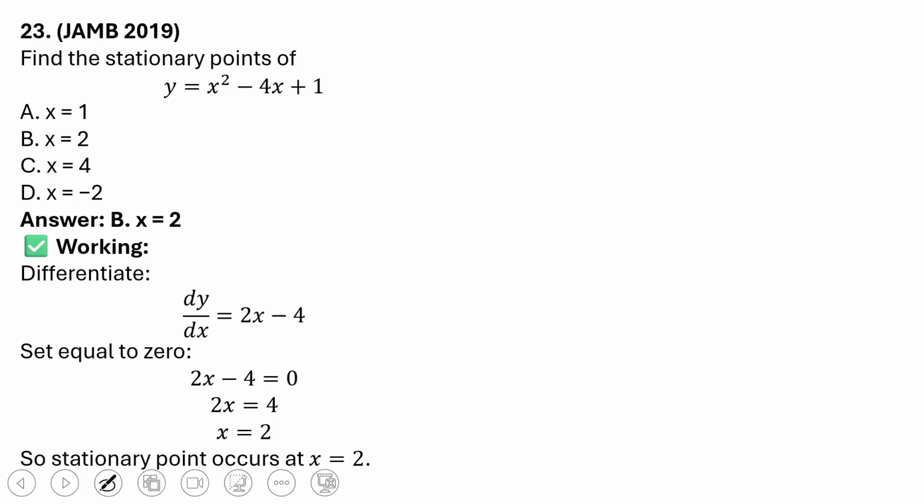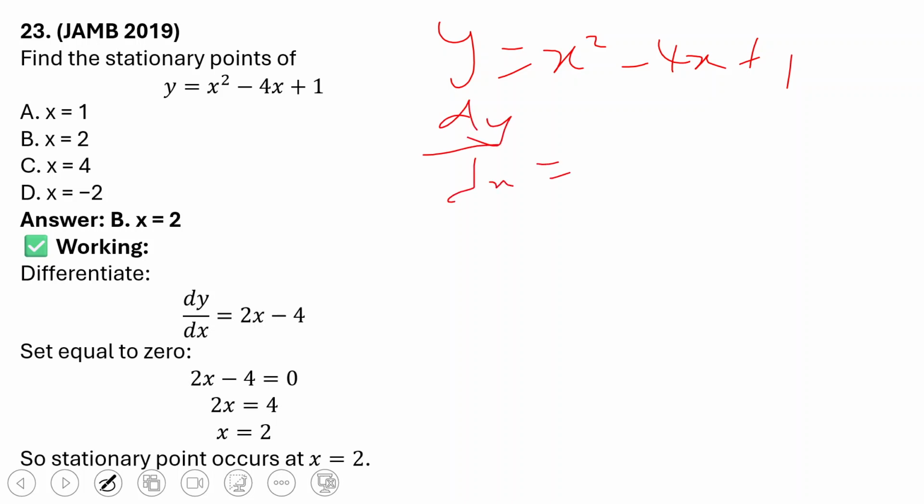Find the stationary point of y equals x squared minus 4x plus 1, where x is equal to. For the stationary point, you differentiate it, equate to 0 and find the value of x, right? So differentiate it. dy/dx is equal to 2x minus 4.